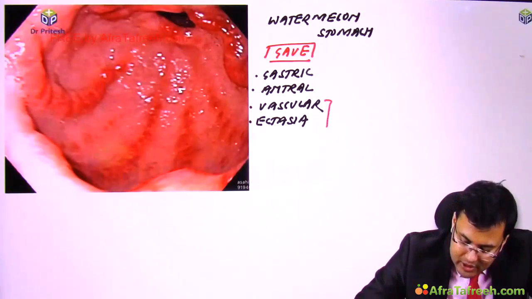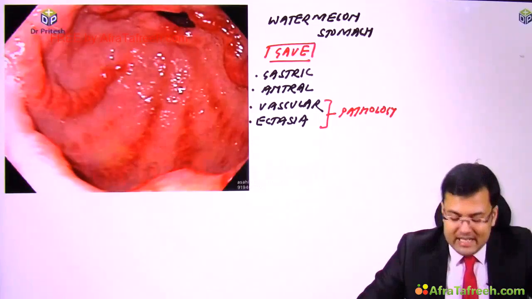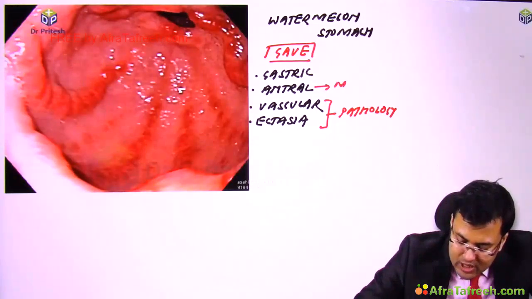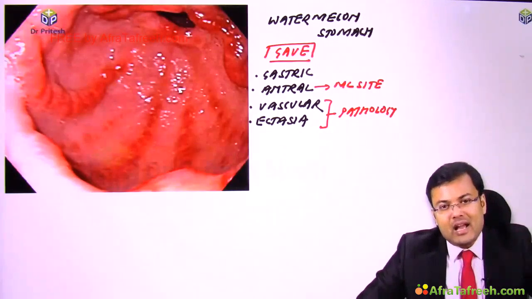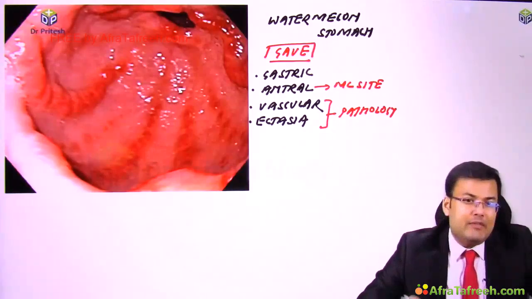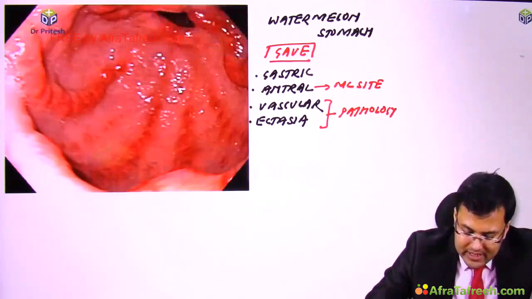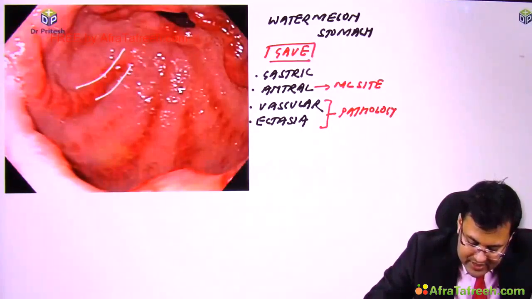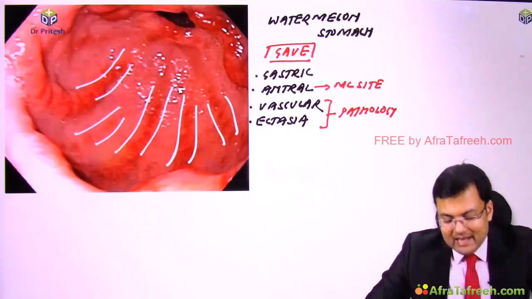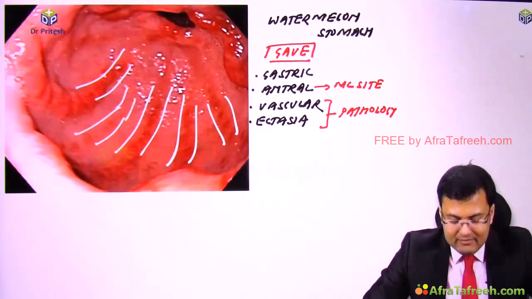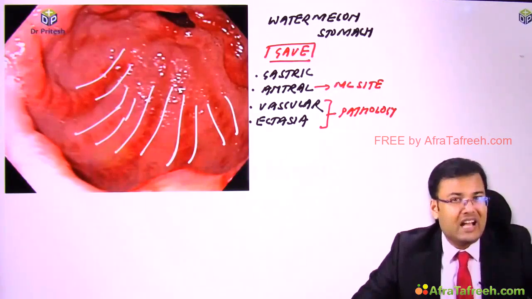Question: what is the pathology in watermelon stomach? It is vascular ectasia. Second, what is the most common site? The most common site is antrum. When we perform the endoscopy, there are dilated vessels that appear parallel, a parallel arrangement of dilated blood vessels near the antrum.